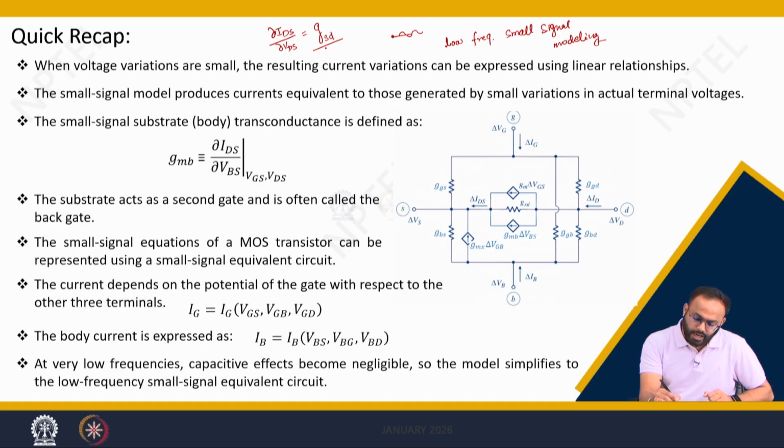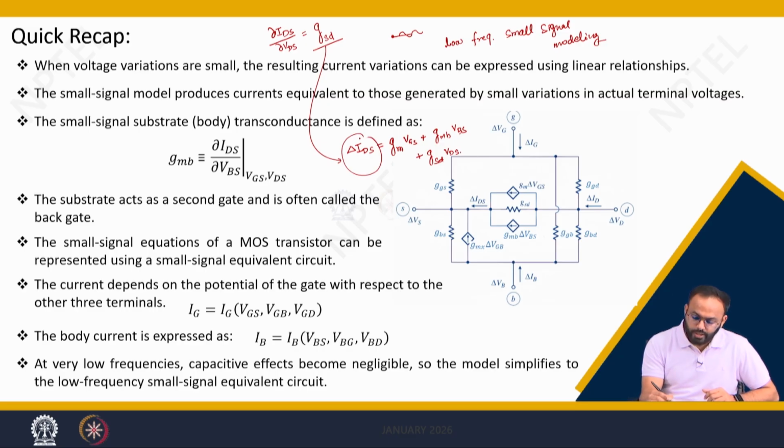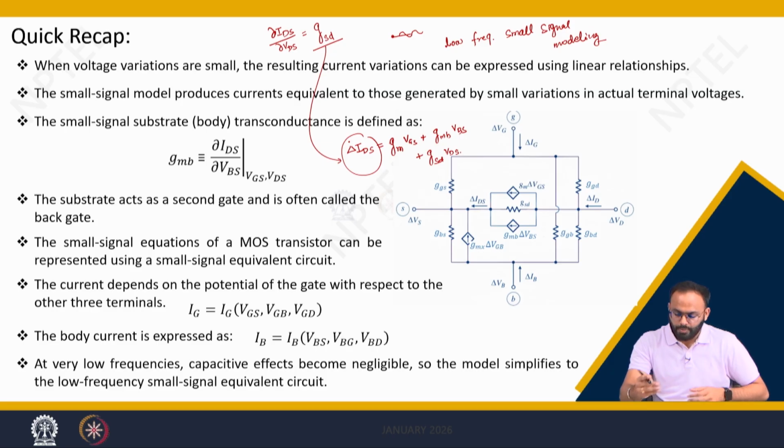Further, in the small signal model the superposition principle holds good, meaning we can find the total perturbation in the drain current by considering the perturbation of gate to source voltage, body to source voltage, and drain to source voltage separately, such that the overall perturbation in the current is the superposition of these perturbations.